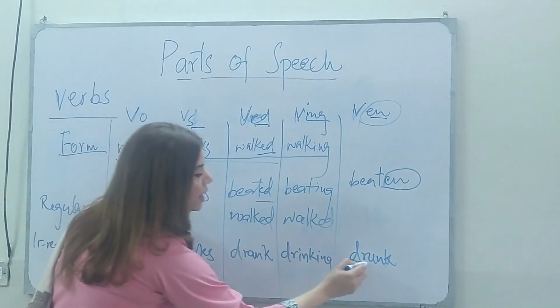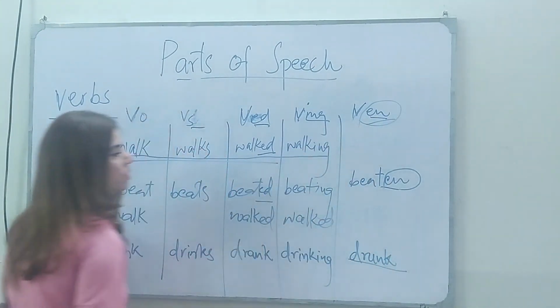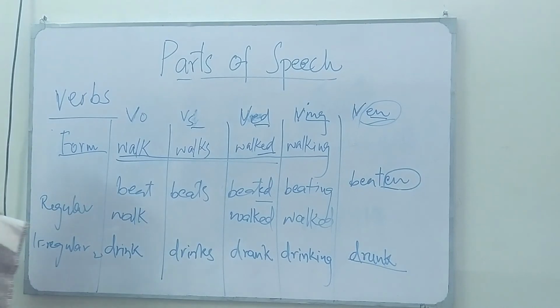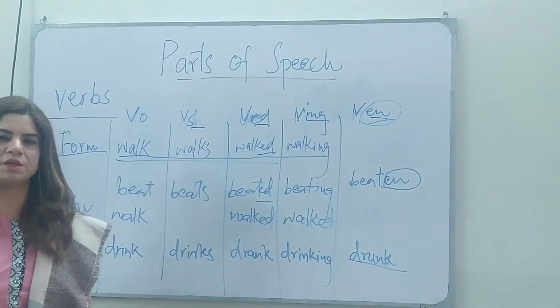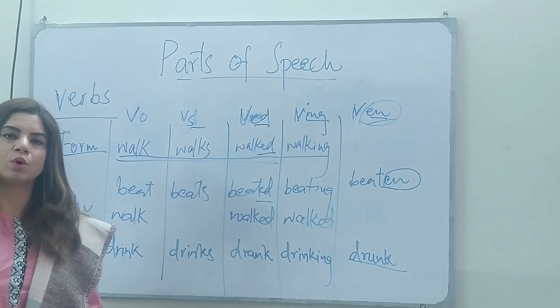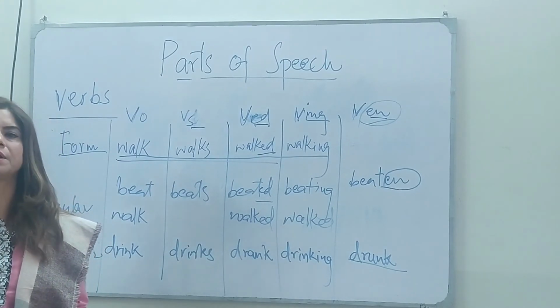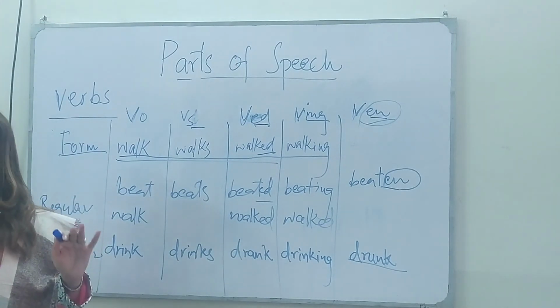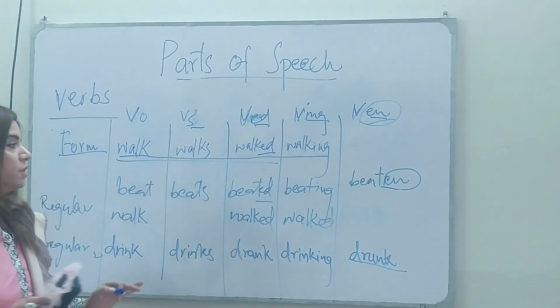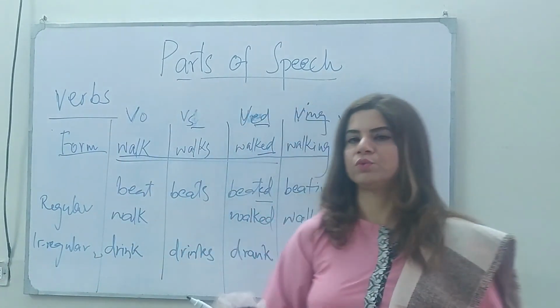This is irregular. So regular verbs will continuously take ed at the end in the past form. Irregular verbs will change in the past form and in the past participle too. Okay, this is so for the form of the verb.